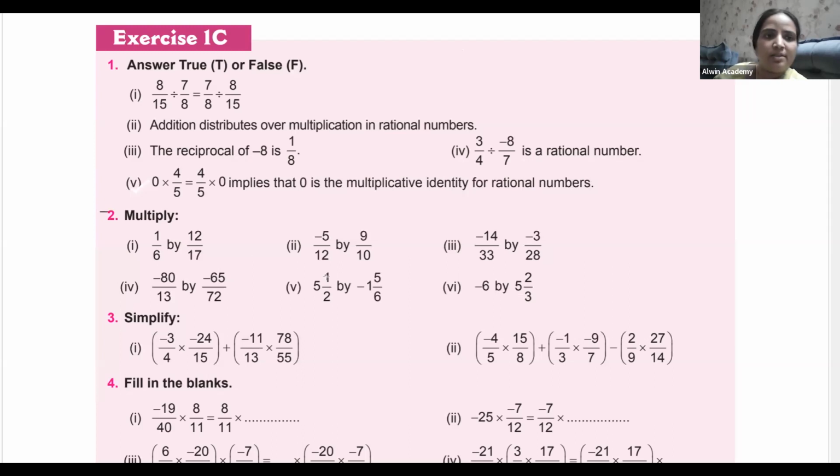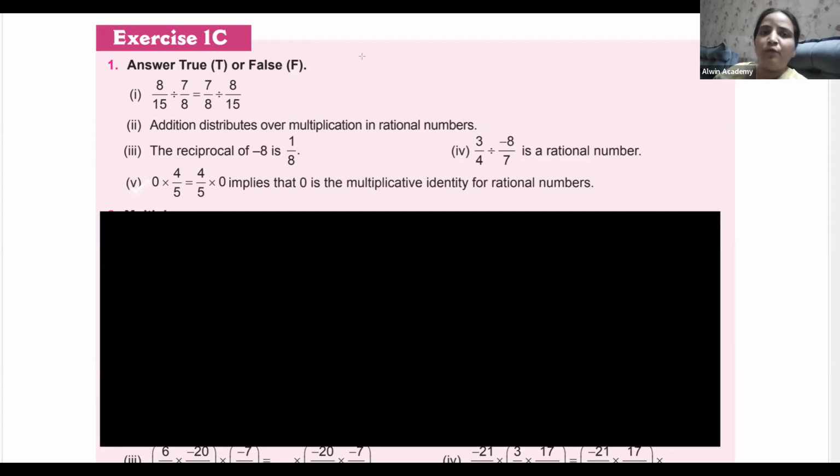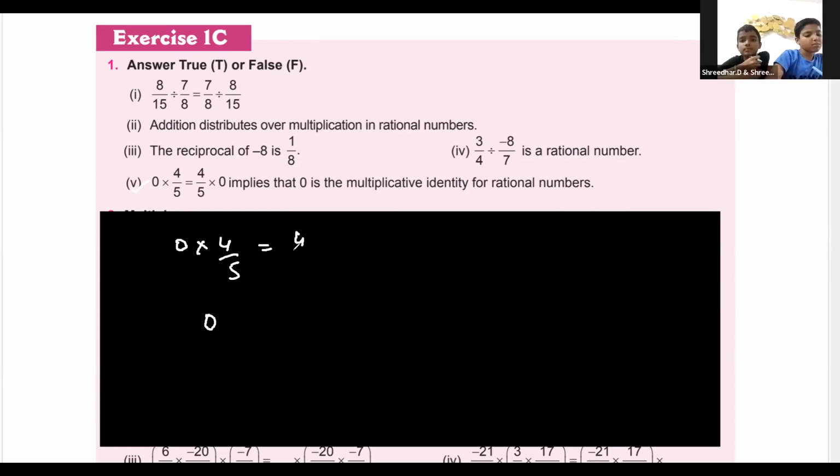The fifth part here saying 0 times 4 by 5, is it equals to 4 by 5 times 0? Are both the things equal? Yes, ma'am. 0 times 4 by 5 is 0 only. Anything multiplied by 0 is 0. 4 by 5 times 0 is also 0. Why?